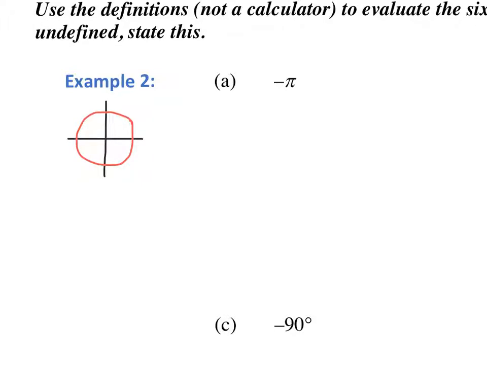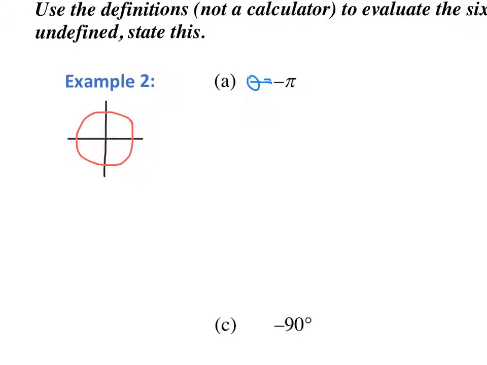All right. So if I wanted to have my theta be negative pi, where would negative pi end? Where would the terminal side be? How would you draw negative pi? If you need to, convert it in degrees.